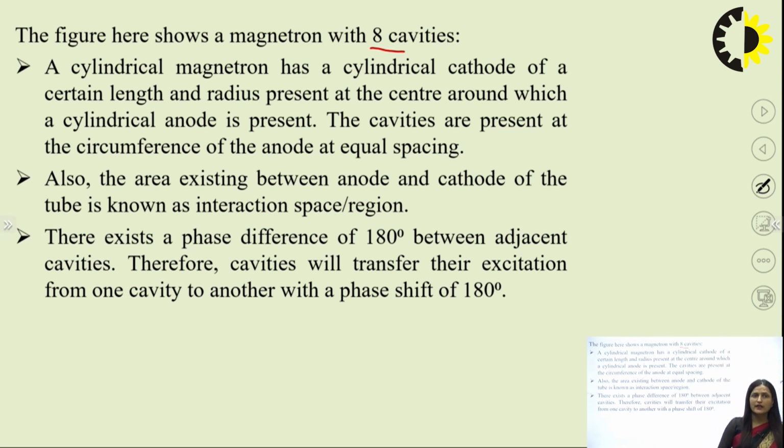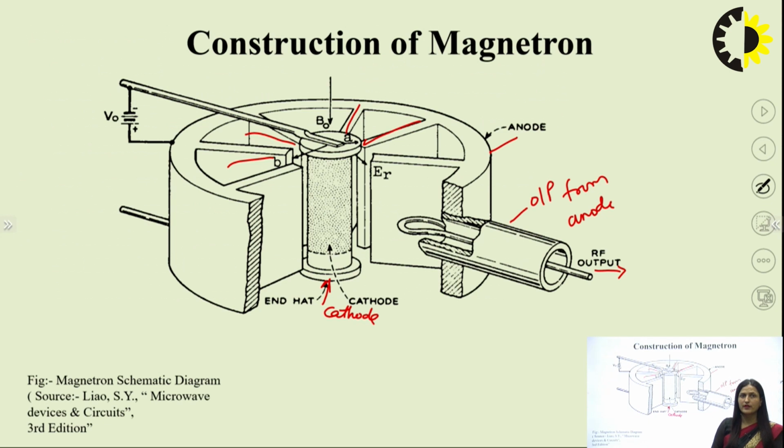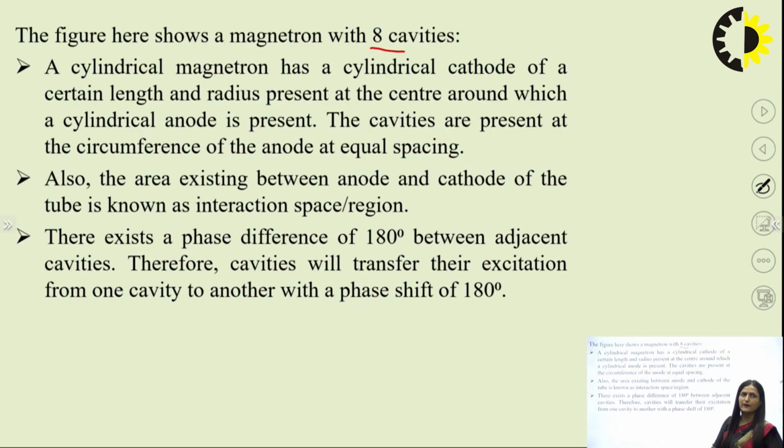Also the area existing between the anode and cathode of the tube is known as the interaction space region. So the area between anode and cathode is the interaction space. Electrons will interact in this space only.